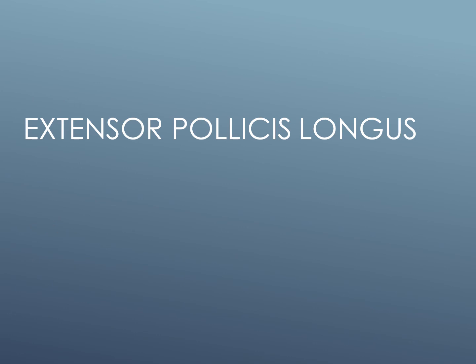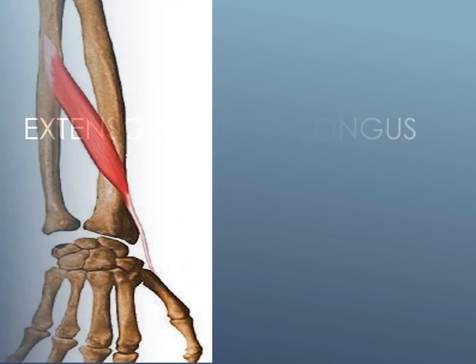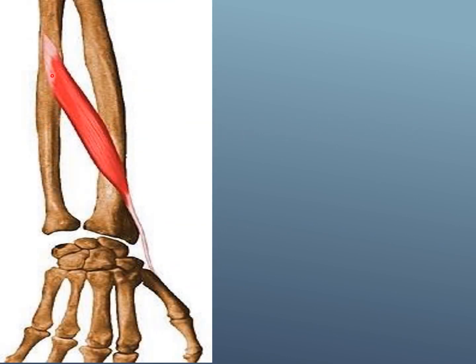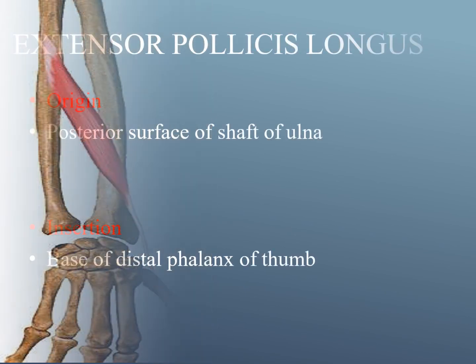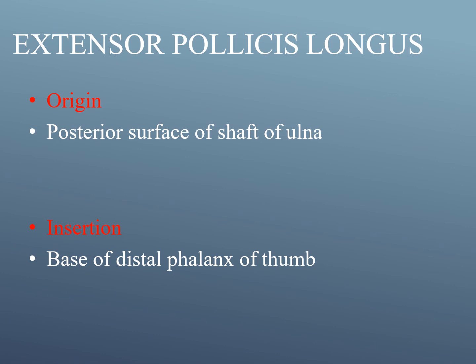Next muscle is extensor pollicis longus. As the name shows, it causes extension of the thumb. And why is it called longus? Because it is longer as compared to the extensor pollicis brevis. So this is the picture of extensor pollicis longus muscle. It originates from the posterior surface of the shaft of the ulna and it is inserted on the base of the distal phalanx.